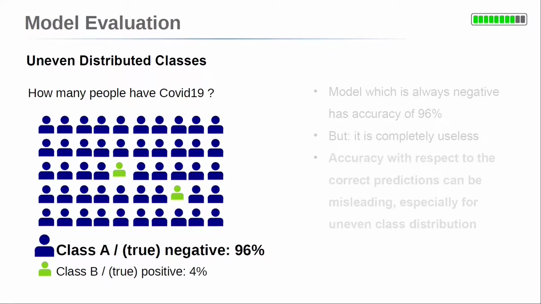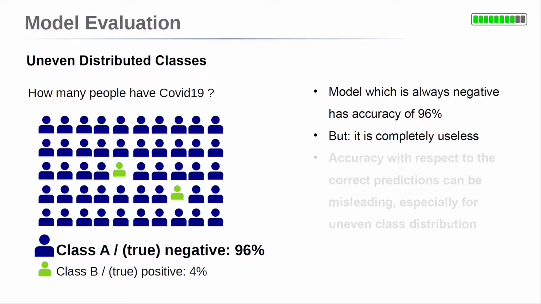The other people are negative for COVID-19. So 96% are true negative with respect to our data. We have 2 classes, positive and negative. A model which predicts always negative for COVID-19 has an accuracy of 96% to predict the correct class.